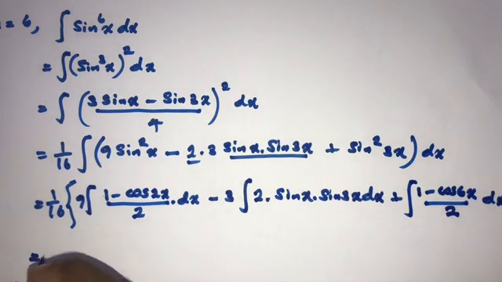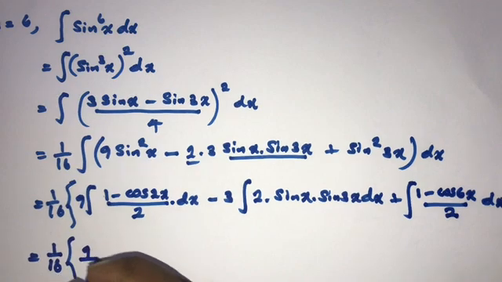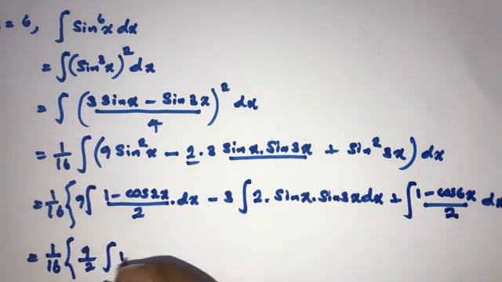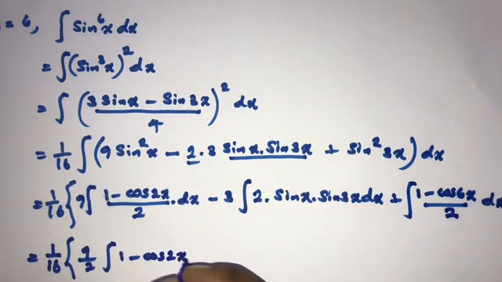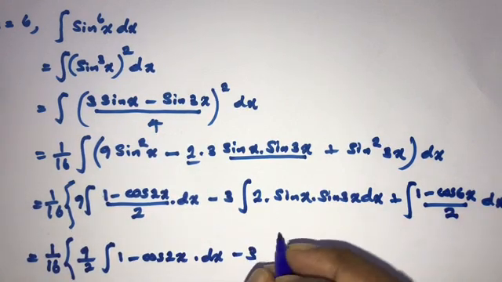Okay, now we can write 1 over 16, 9 over 2, integral of 1 minus cosine of 2x dx, and minus 3.